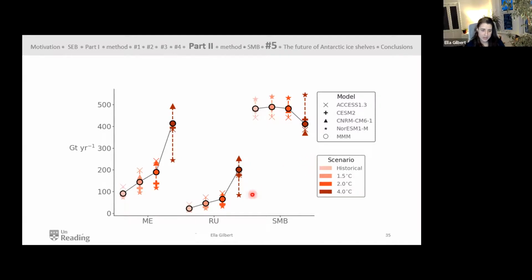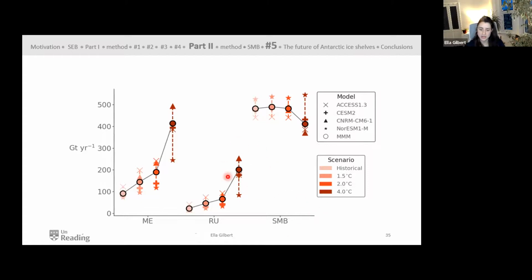But we also see that there's this non-linear effect of warming on melt and runoff, and this is related to the melt albedo effect. So we get more warming, more melting, darker surface, more warming, more melting, etc. We also see that there's quite a lot larger spread of results at 4 degrees, and that's consistent with work that shows you have more scenario uncertainty around mid-century, and of course the longer you go out into the future, the more uncertain things become.